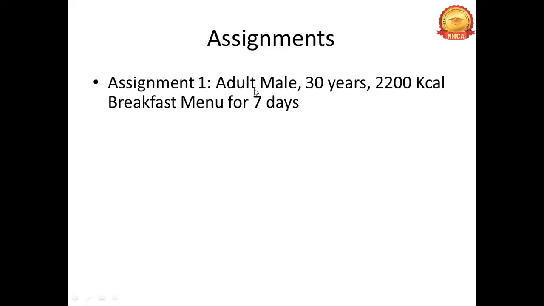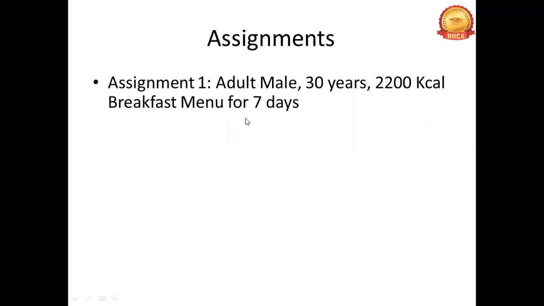Just switch the recipes from the menu plan given to you and see the exchange list, what you can add. So assignment 1, which was given, was for an adult male, 30-year-old, 2,200 kilocalories on a daily basis, and only breakfast menu for the 7 days, Monday, Tuesday, Wednesday, up to Sunday. No lunch, no dinner, just breakfast.